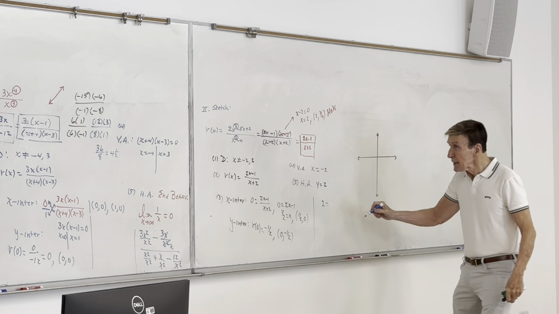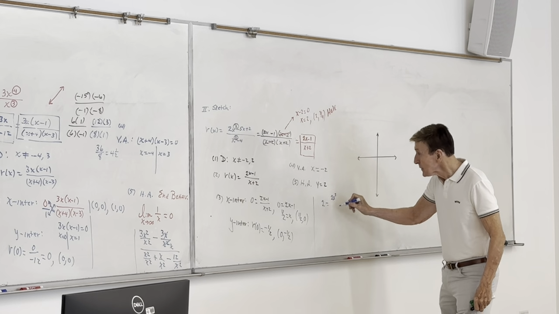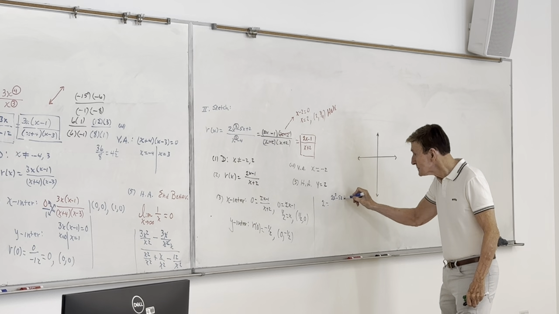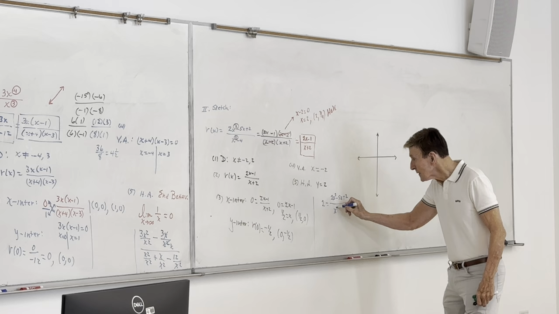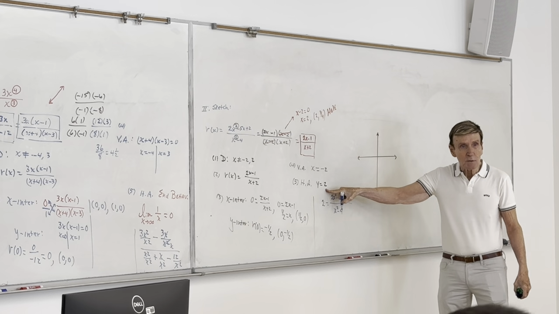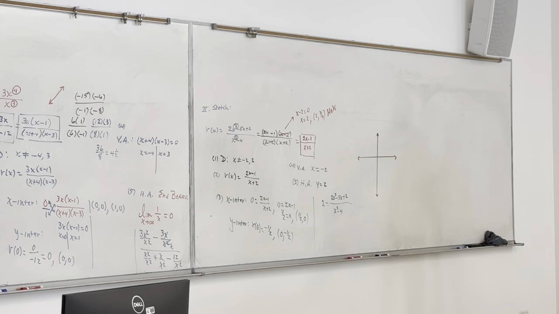My original looked like this: 2x squared, subtract 5x, plus 2, over x squared subtract 4. So I'm setting this equal to my original function to see if they have something in common. They may not have this time.